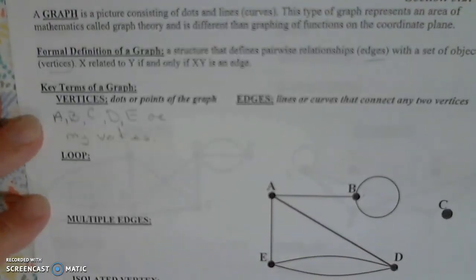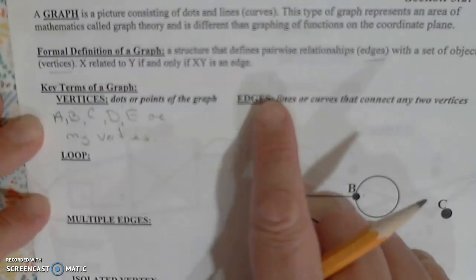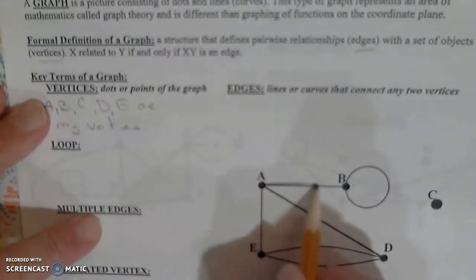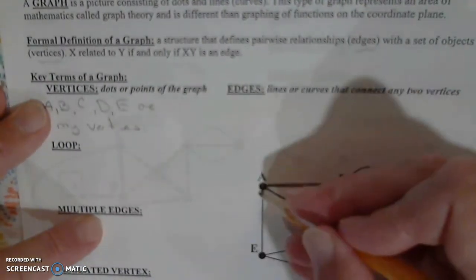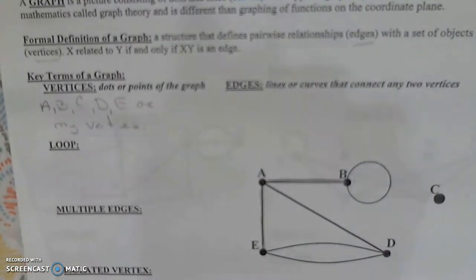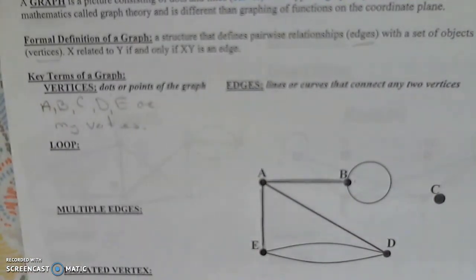Okay? And then your edges are the lines that connect those vertices. So AB would be an edge. AE would be an edge, so on and so forth. AD, ED, okay? All right, questions there.